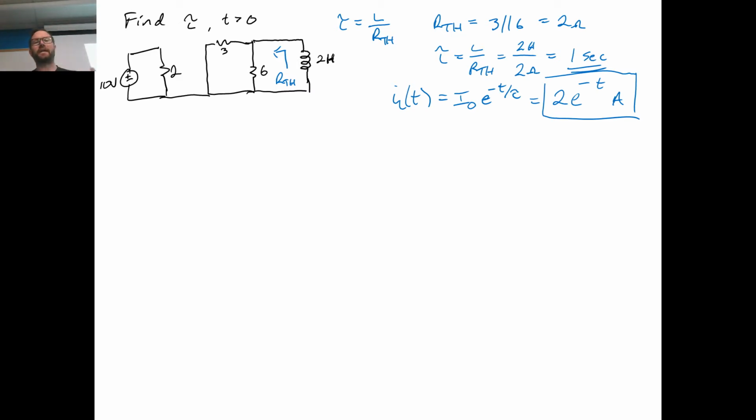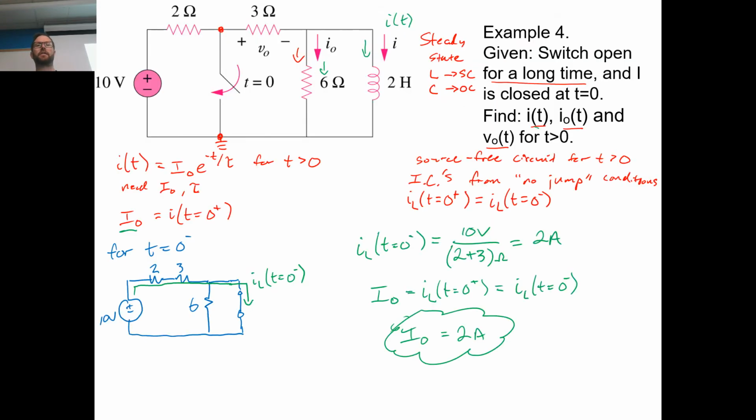Before we go on to find the other quantities, I naught and V naught, they're listed here and shown here. Let's pause for a second to think about the process. We didn't look for the current through the 6 ohm first, or the voltage across the 3 ohm first, because what dictates how this circuit responds after the switching event is the inductor.